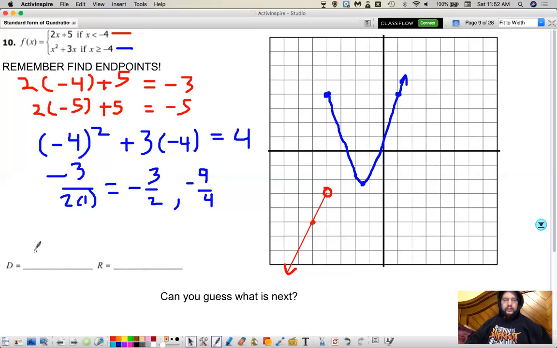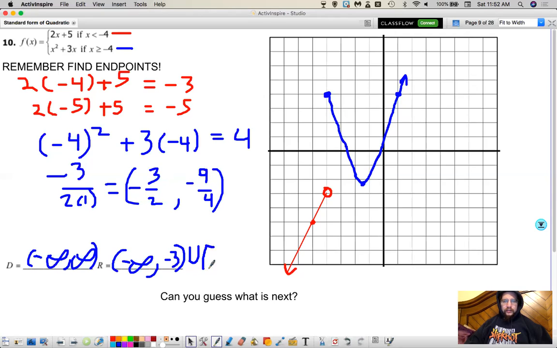Domain, nothing's excluded, so that's all the numbers. Range, it's from negative, this y coordinate of our vertex, because this part keeps going on forever and ever and ever.